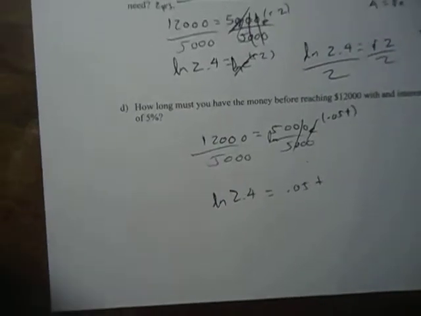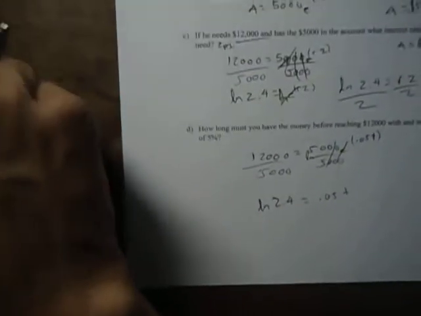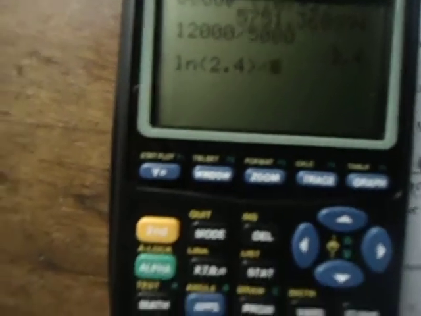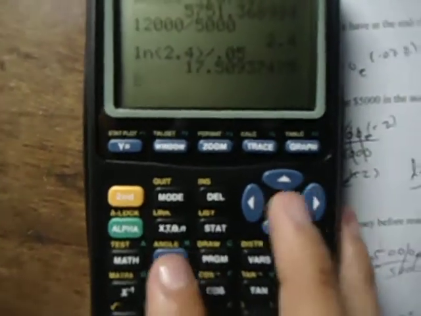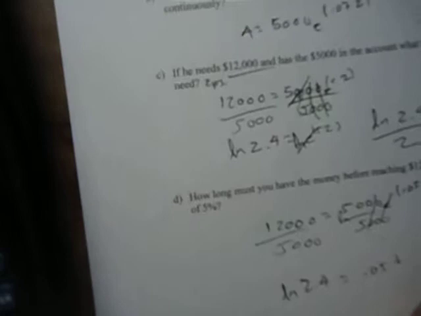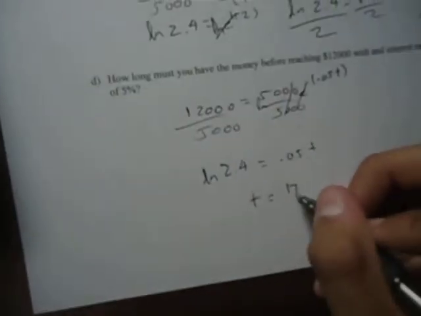When we do that, natural log of 2.4 divided by 0.05 gives us 17.5. So t is equal to 17.50, but we're not done there yet. We know it's 17 years, but we need to know the amount of months.